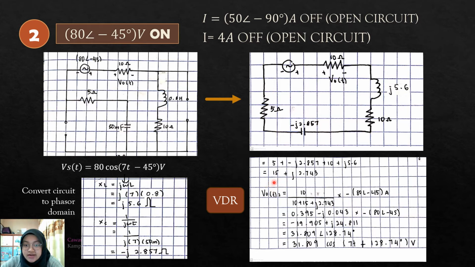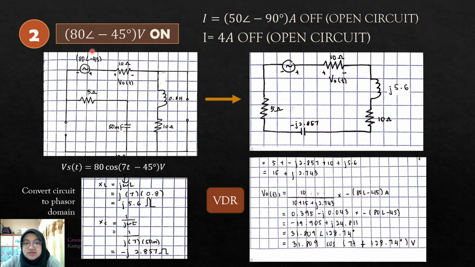Because the voltage source is in series with the resistor, I sum all of these components to become 50 plus j2.743, and I just use VDR equals 10, the resistor that we want to calculate the voltage across, over 10 plus the opposite components, 50 plus j2.743, times the voltage source.